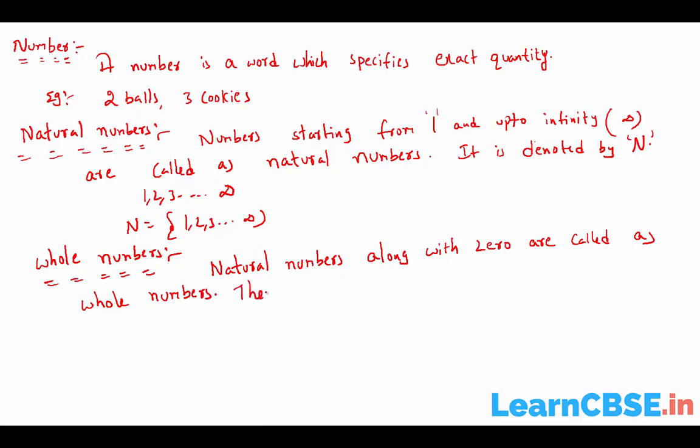These are denoted by capital W. Natural numbers start from 1, 2, 3 and so on. Along with 0, that means whole numbers start from 0, 1, 2, 3 up to infinity. So whole numbers is the set of 0, 1, 2, 3, and so on to infinity.